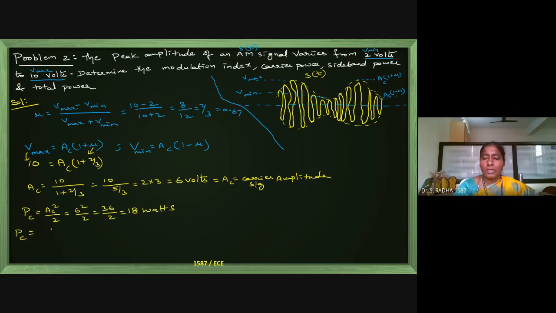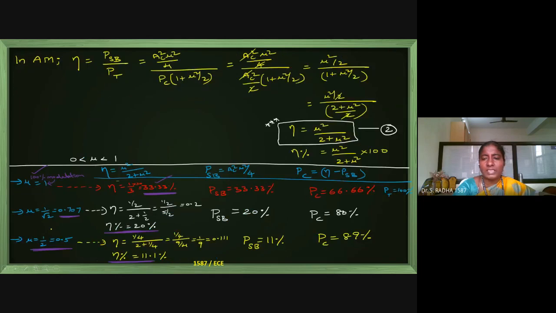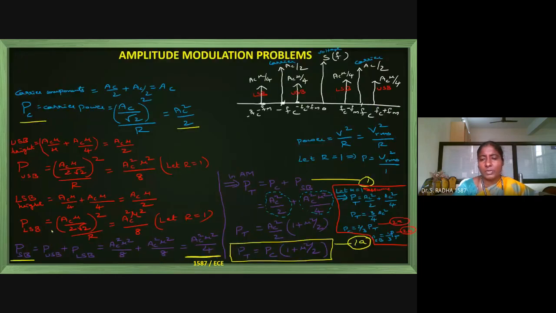Okay, from equation 1a you can see total power is nothing but carrier power plus sideband power. So sideband power can be written as PC into mu square by 2. This is very easy to remember.